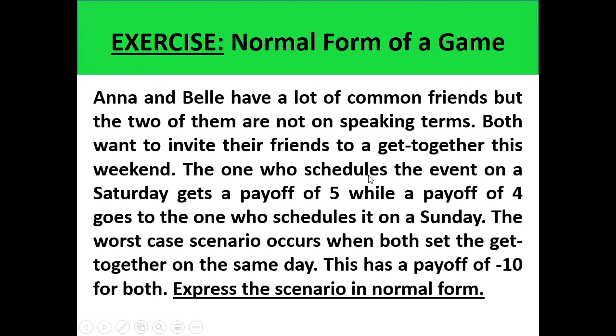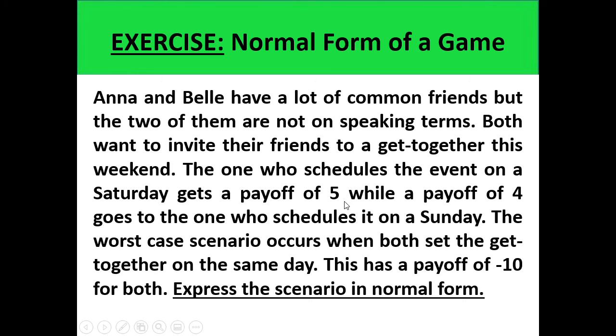The one who schedules it on a Saturday gets a payoff of 5, while the person who schedules it on a Sunday gets a payoff of 4. The worst case scenario happens when both set the get together on the same day. This has a payoff of negative 10. Now express the scenario in normal form.